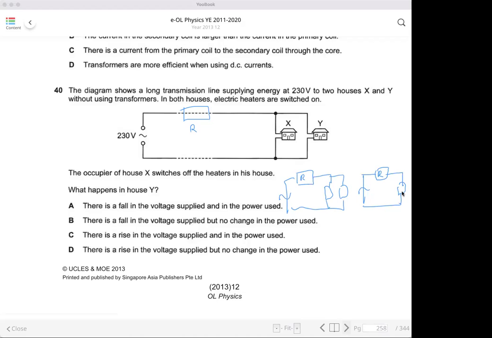The resistance of this wire is the same, but the total resistance here is lower. The resistance here is higher, so there will be a rise in the voltage supply. Can you imagine when there are two resistors here, the total resistance will be lower because it's parallel. So the total resistance is lower, so the voltage is lower. But now there's only one resistor, the voltage will be greater. Is that clear?